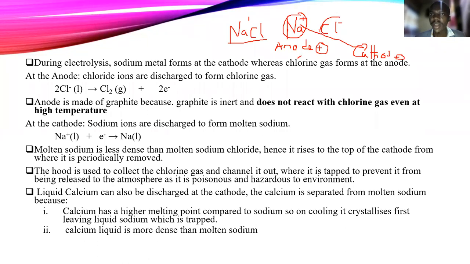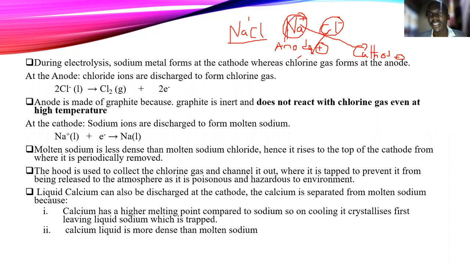And also the chloride ion, which is negatively charged, will be attracted to the anode, which is positively charged. That is why a man cannot marry a man, but a man can marry a woman. So that is that. So unlike poles attract. So this one is attracted to this, and this one is attracted to this.